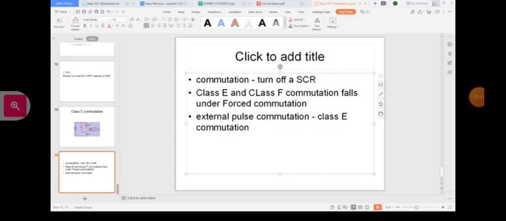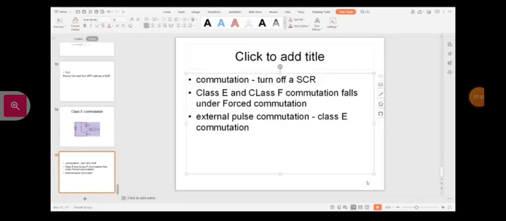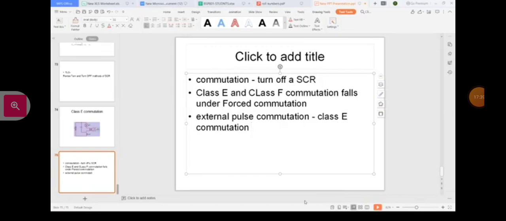Listen once again. In this commutation technique, an external pulse or external signal is applied. So this method is also called external pulse commutation.